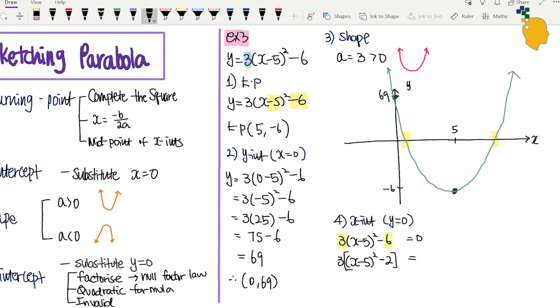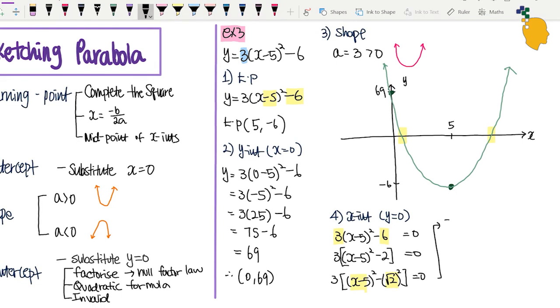Then inside the bracket, we can use DOTS to factorize. Change to the DOTS form first. 3 bracket x minus 5 squared minus root 2 squared equals 0. Then use DOTS here to factorize. 3 bracket x minus 5 plus root 2, x minus 5 minus root 2 equals 0.